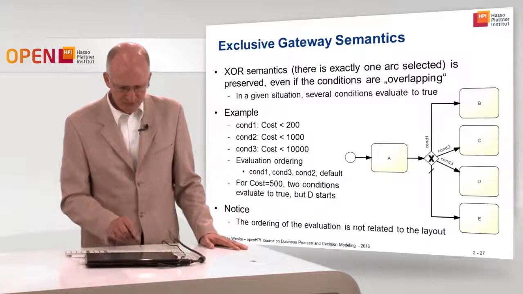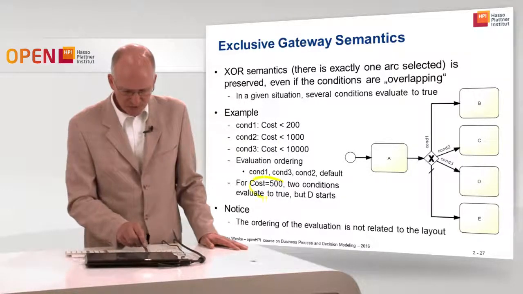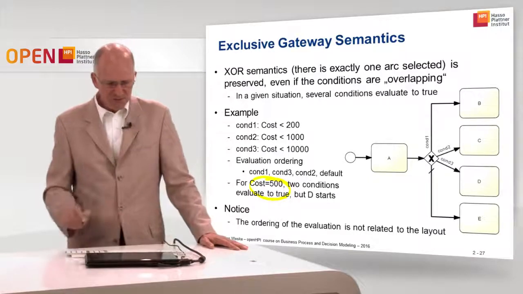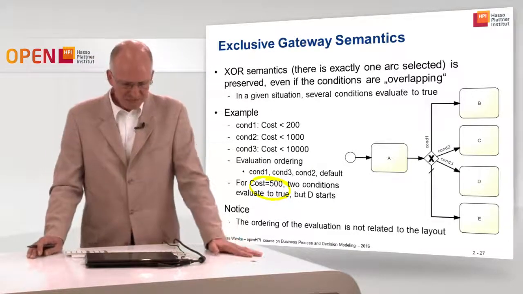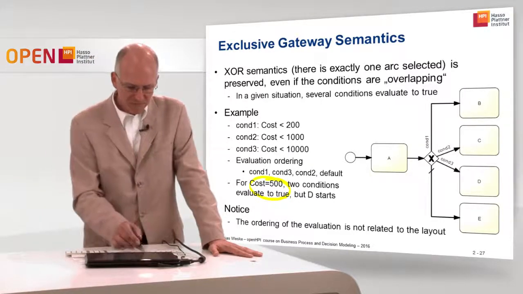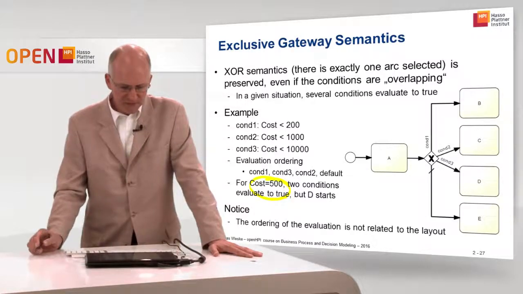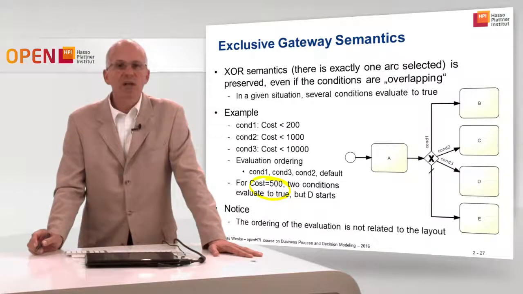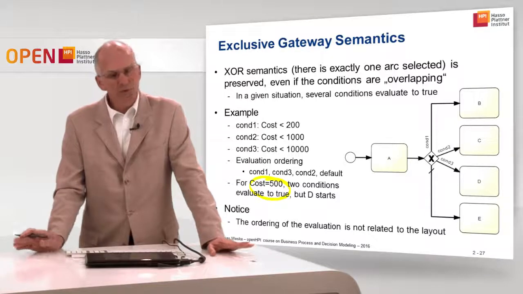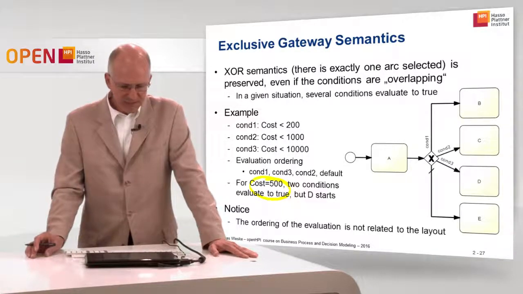So what happens in the case that cost equals 500? First, condition 1 is evaluated. Cost is 500, and 500 is not smaller than 200, so condition 1 evaluates to false, is not taken. We need to evaluate the next condition.